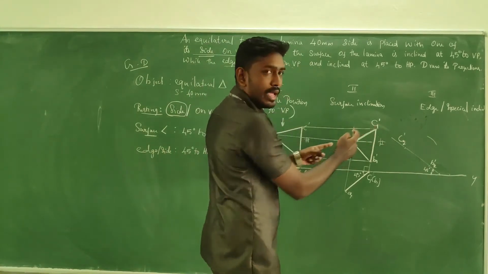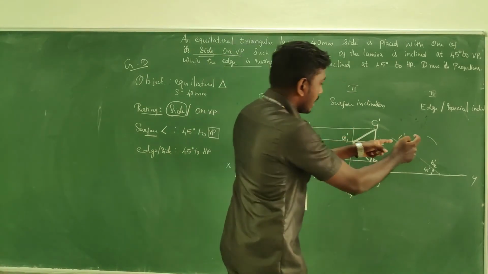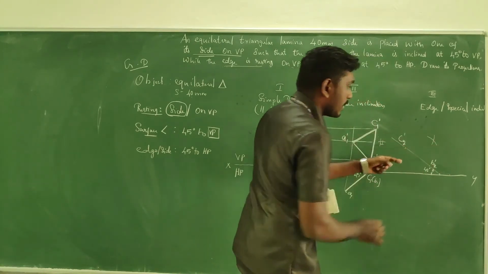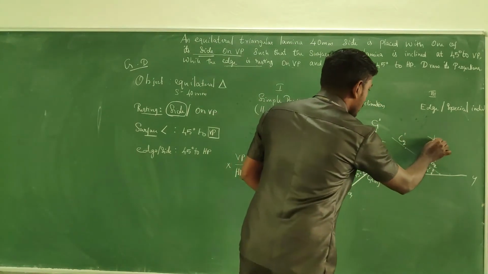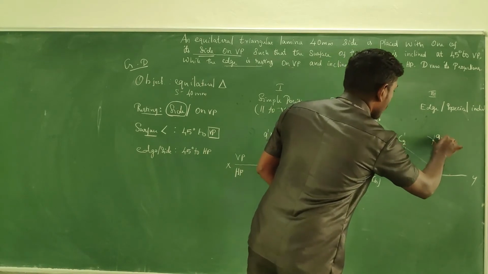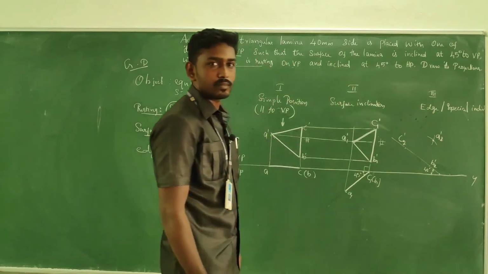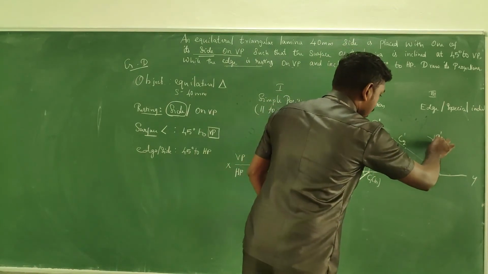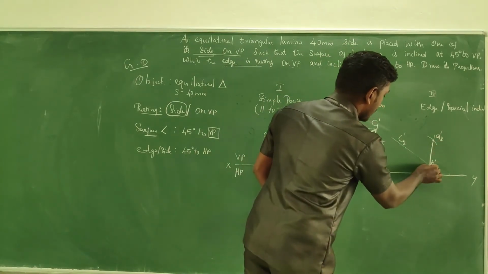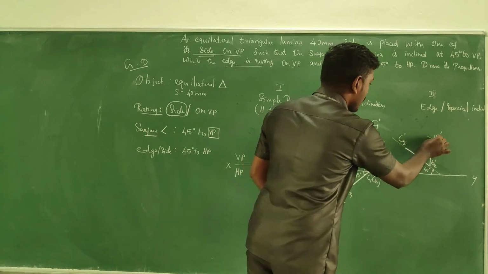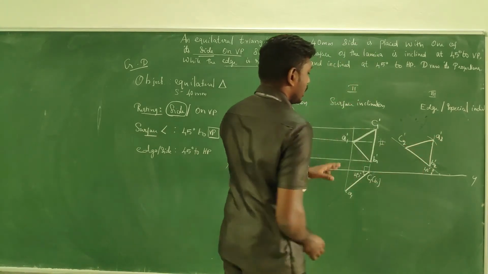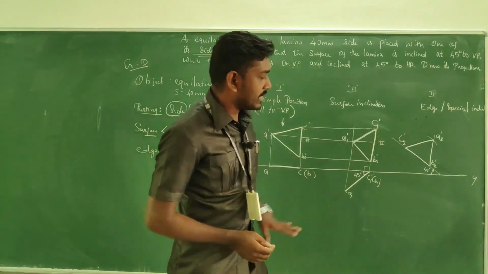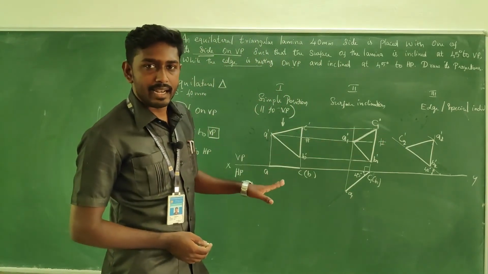Then measure C to A1 dash in your compass, and keeping the compass at C draw an arc. You will get the intersection point, that is your A2 dash. Connect all the lines, A to B, B to C, then A to C. You are able to reproduce the same size of the object over the 45 degree inclined line.